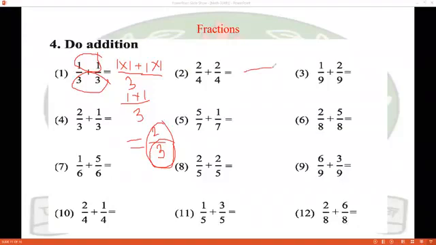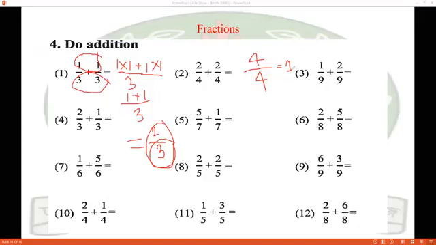In this way, the common denominator is 4. In the numerator we can write 2 plus 2, that means 4. Here you can write 4 by 4 as the answer, or you can write 1, because 4 by 4 means 1.